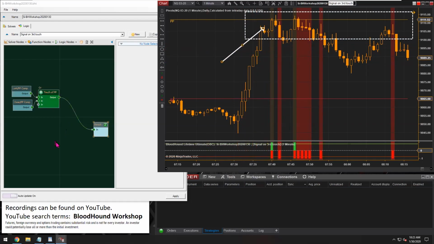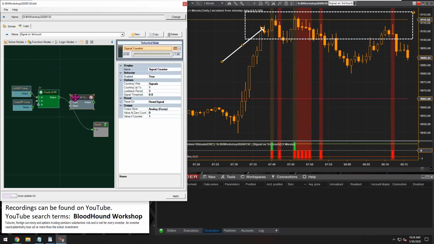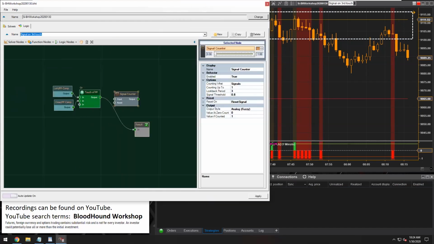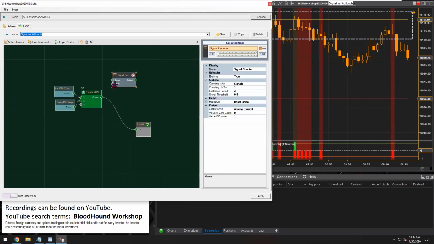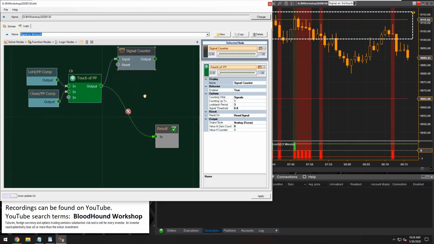Here's the key to this question. That is the signal counter; we want the signal counter. We want to count the third touch. So let's connect that in like so.